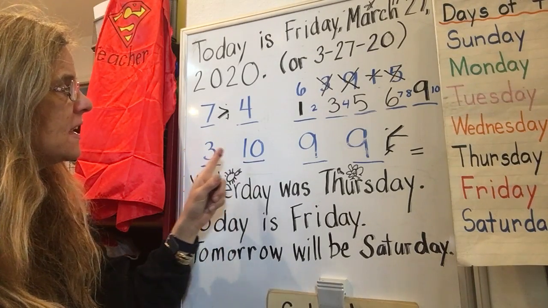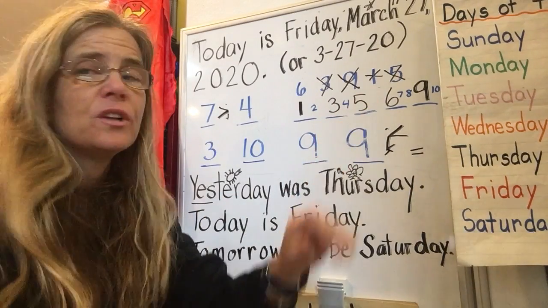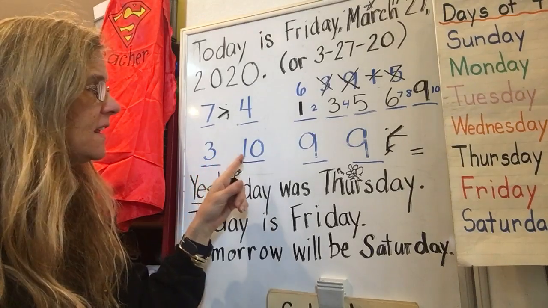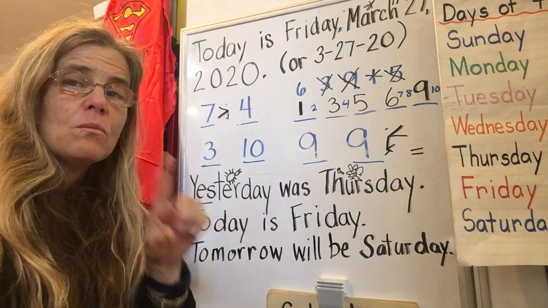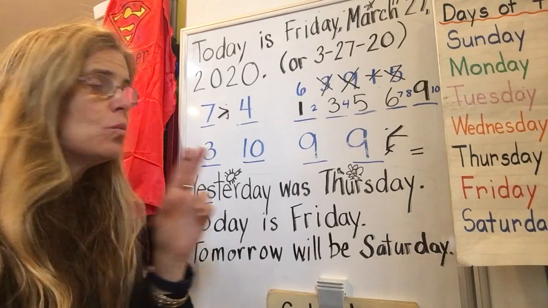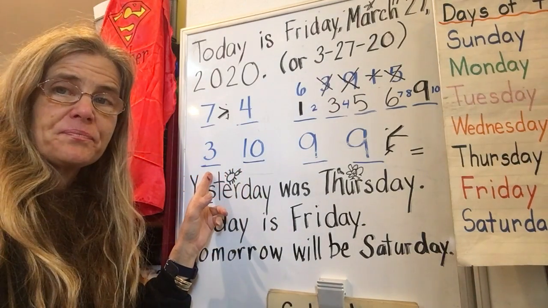Here is a 3, and here is a 10. Now, without even referencing a number line, here's another tip and trick. Any number that is more than one digit, a double-digit number, will always be larger than a single-digit number.